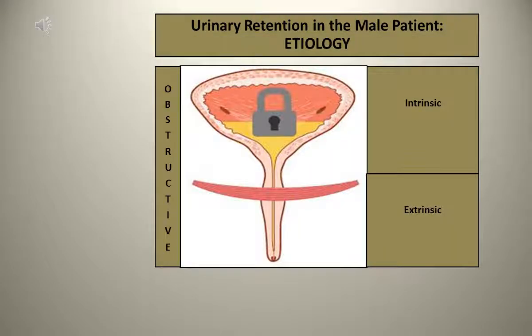In obstructive urinary retention, the obstruction may be intrinsic, such as prostatic enlargement, bladder stones, or urethral stricture, or extrinsic, such as when a uterine or gastrointestinal mass compresses the bladder neck, causing outlet obstruction.